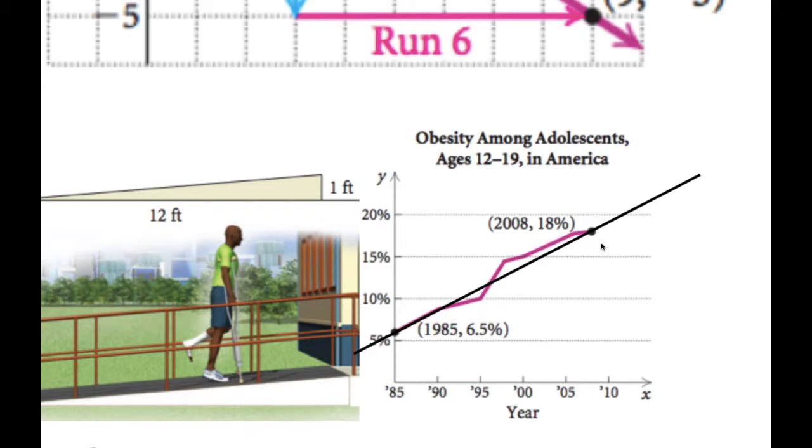But if you want an average rate of change, then you just find the slope between the two. You can pretend there's a straight line that connects these two dots, and everything else smooths out, and you find the slope, y2 minus y1 over x2 minus x1, and you get your slope in percentages per year.